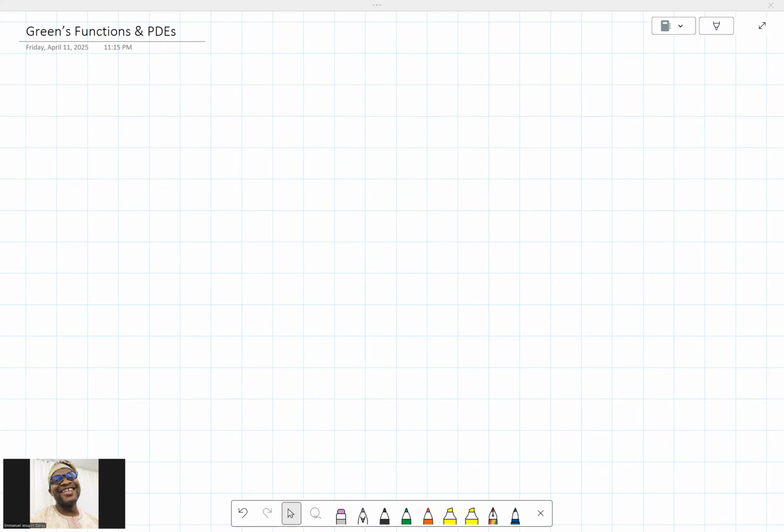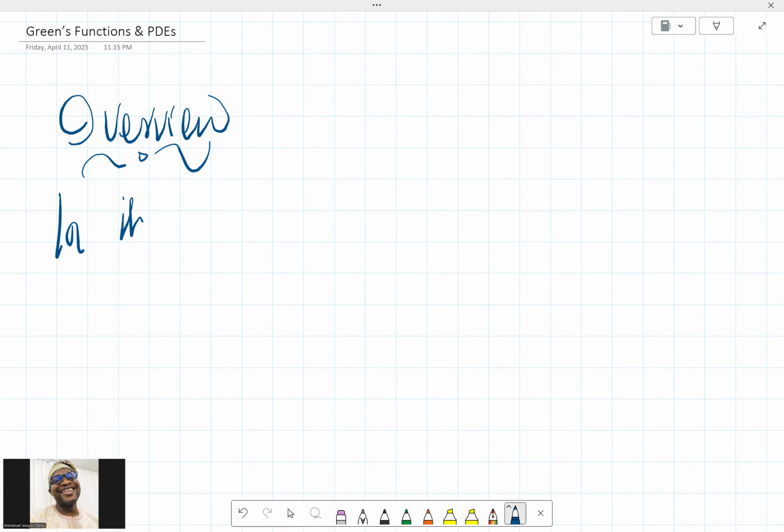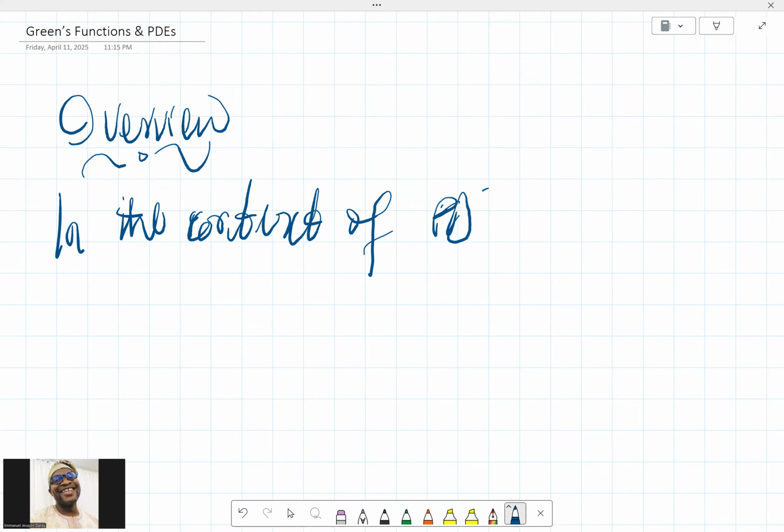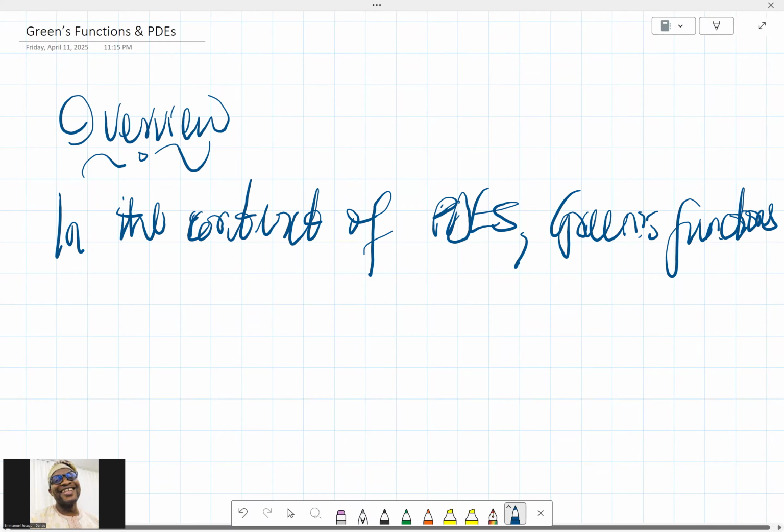We're still on partial differential equations, and in this video, our focus will be on Green's functions and partial differential equations. Okay, to start off, we need to know that in the context of partial differential equations, Green's functions, I think we've made mention of Green's functions in passing when we talked about fundamental solutions.